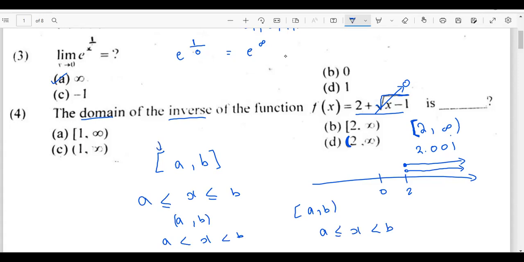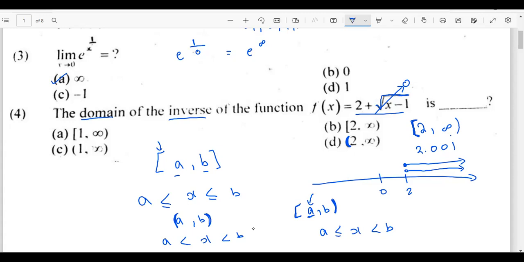If we have square brackets, this number and this value are included, other than all the values coming between a and b. If you have these brackets, you would have all the values between a and b. If you have one square and one soft bracket, you would have this a included, because the square bracket is basically being used just to tell you that this number right here would be part of the range as well, would be part of the interval as well.